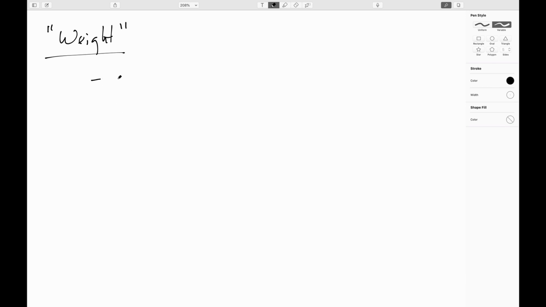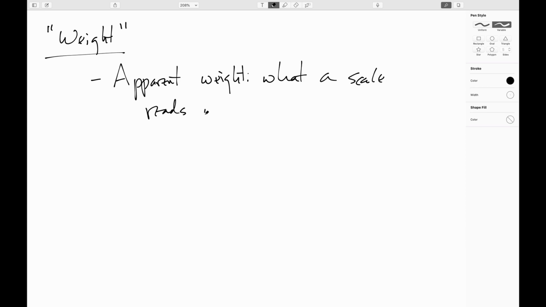There's one that I'll call the apparent weight. This is what a scale reads when you stand on it. So this is actually a normal force.